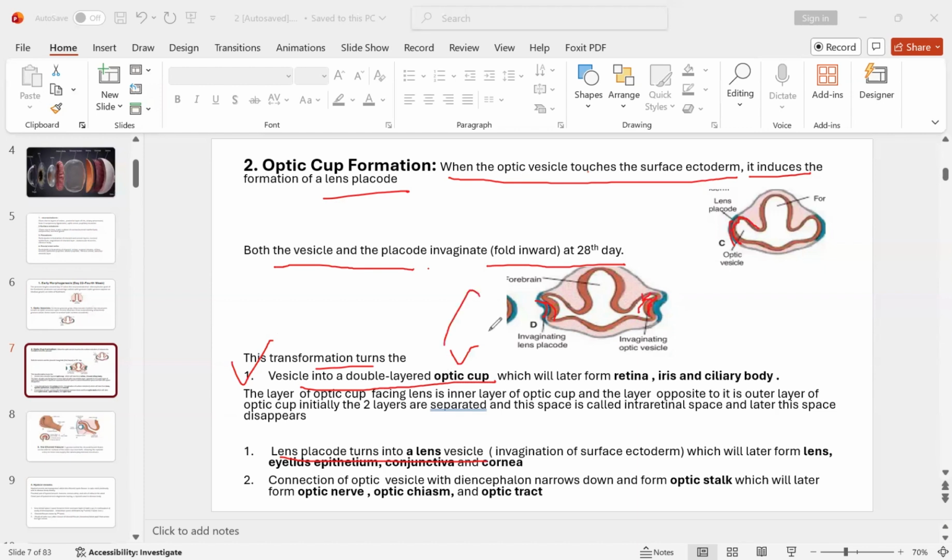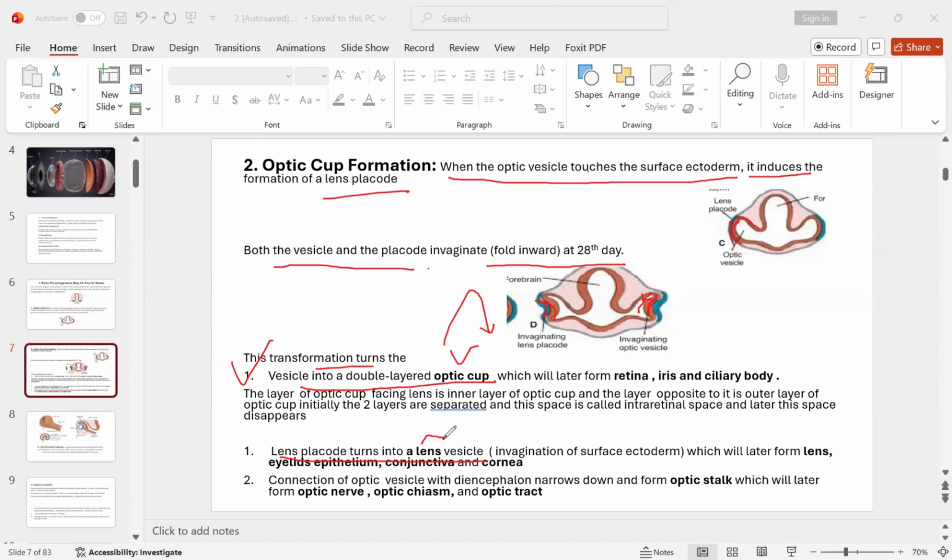The optic cup is formed because of contribution by the neuroectoderm. But the lens vesicle is formed because of contribution by the surface ectoderm. So this is the role of the neuroectoderm and the surface ectoderm in the formation of eye.